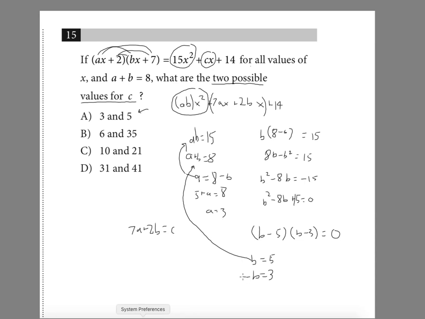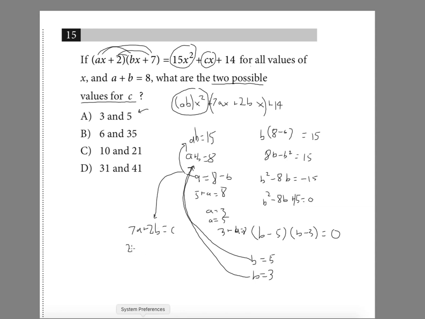If we plug in b is equal to 3 into here, we get 3 plus a is equal to 8. That means a must equal 5. Alright, and so clearly the two possible values for c, we plug it in back here, are going to be, so we plug in a is equal to 3 and b is equal to 5.